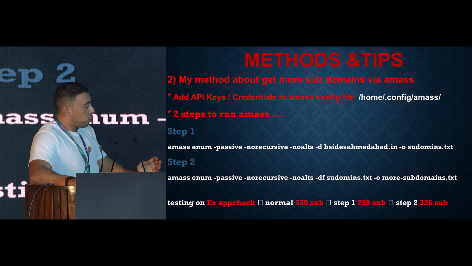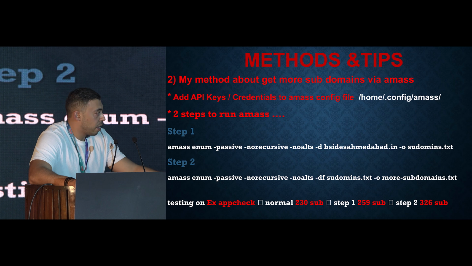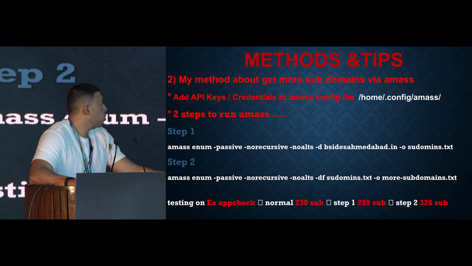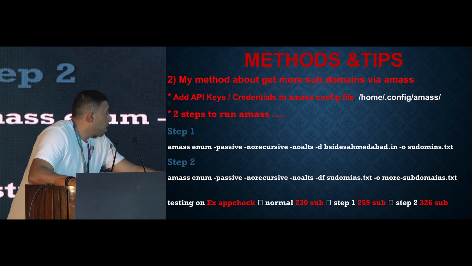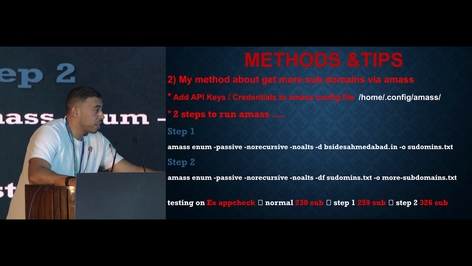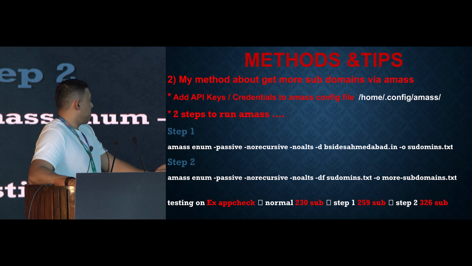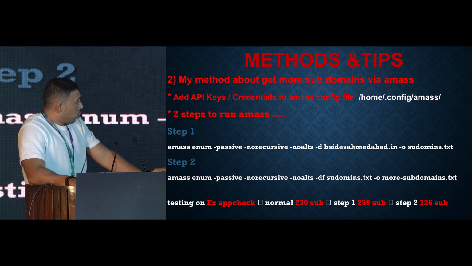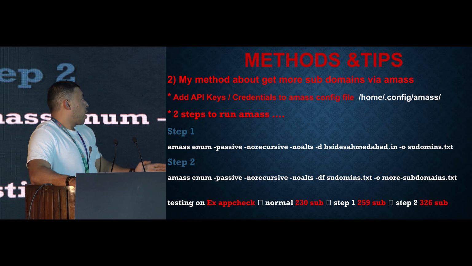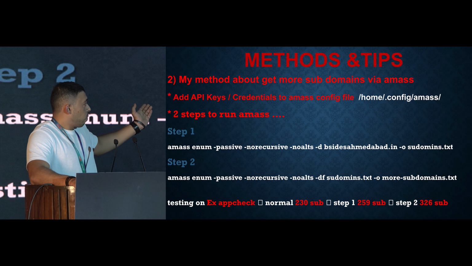You just have to visit and start adding API keys and credentials to get more subdomains. So this is the first thing, add the API keys and start working on the config file before starting to use Amass. So the normal dork and command that I use to get subdomains is this one.